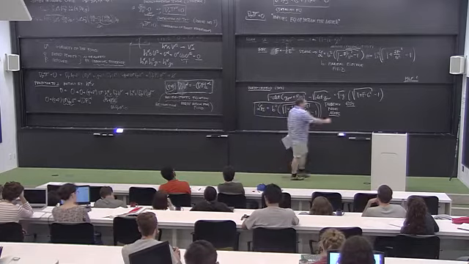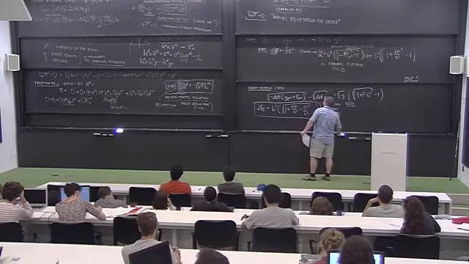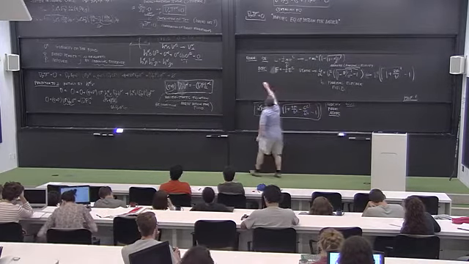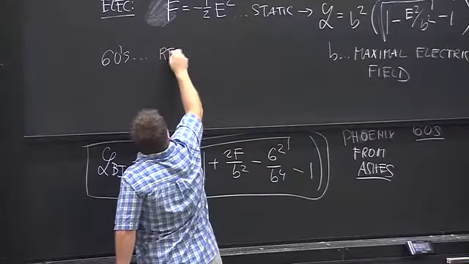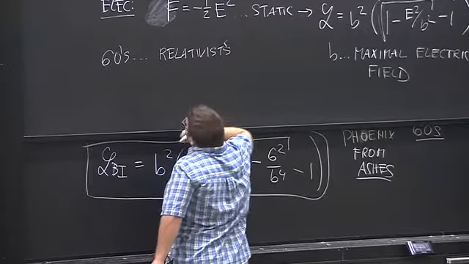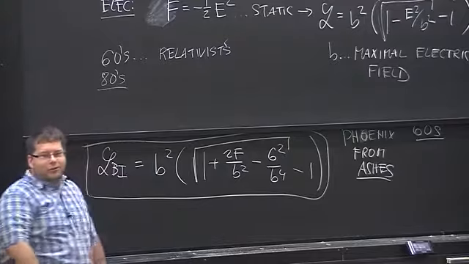But that was relativists. Okay, so 60s. I'm spending too much time on this. Sorry for that. So in the 60s, relativists were interested in this. And then in the 80s, string theorists discovered this theory.